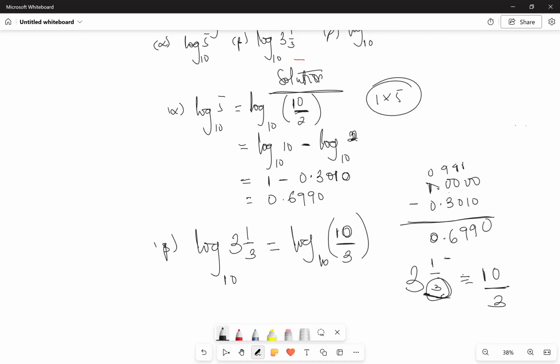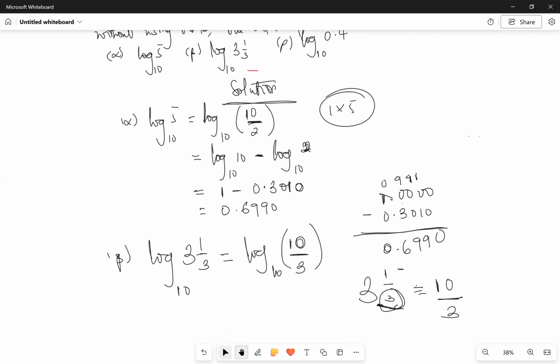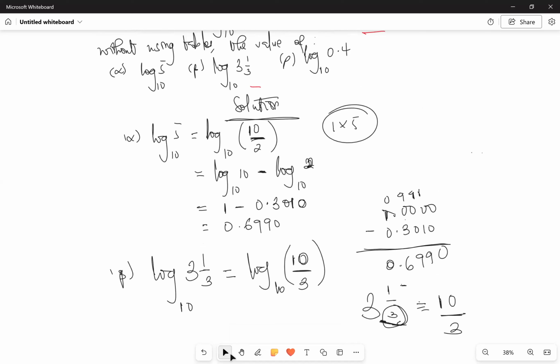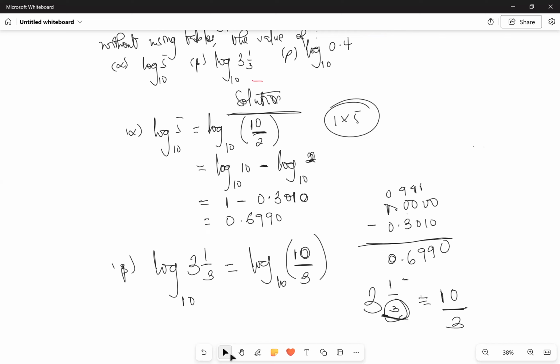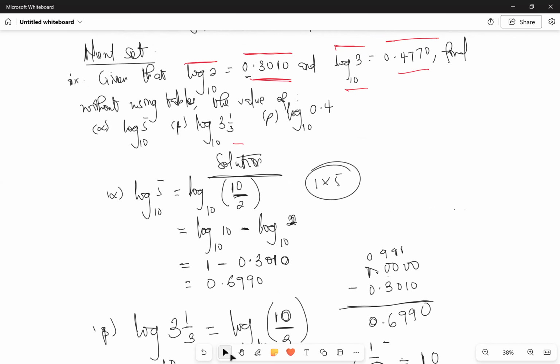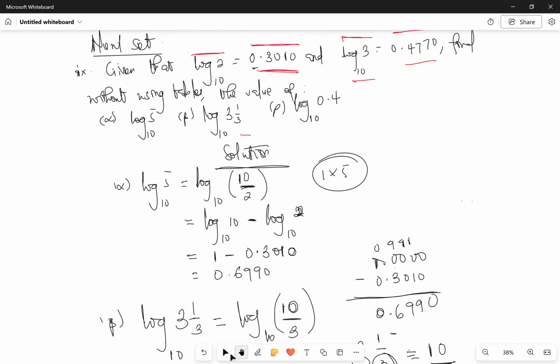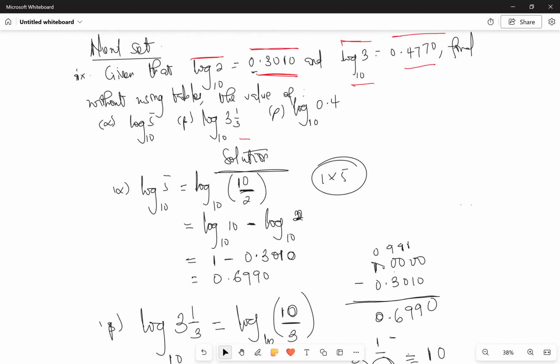Doing this question, this is not like a whole number like 5. I will need two numbers that multiply or divide to get this. From how this is looking, 10 is there. Something like this will happen where we'll get log 3, and log 3 was given in the question.